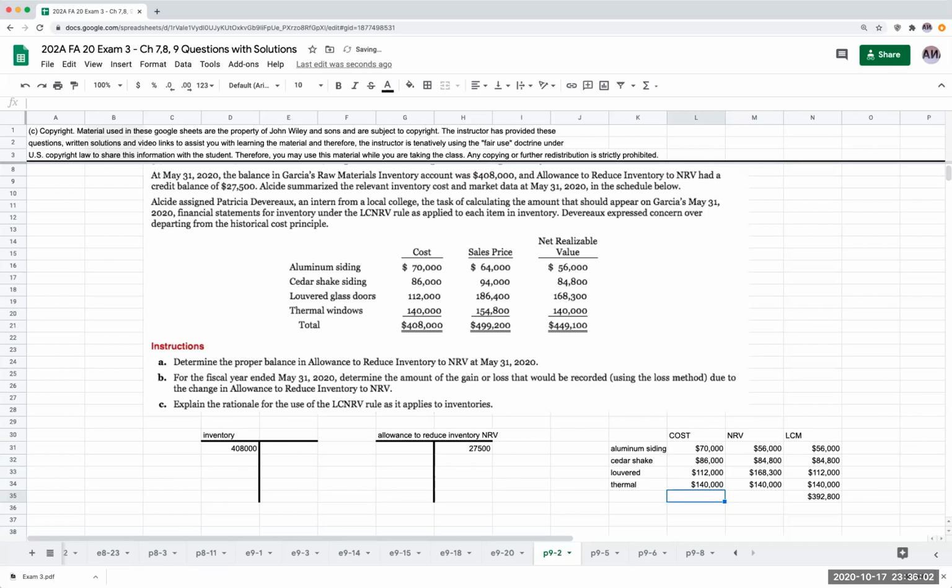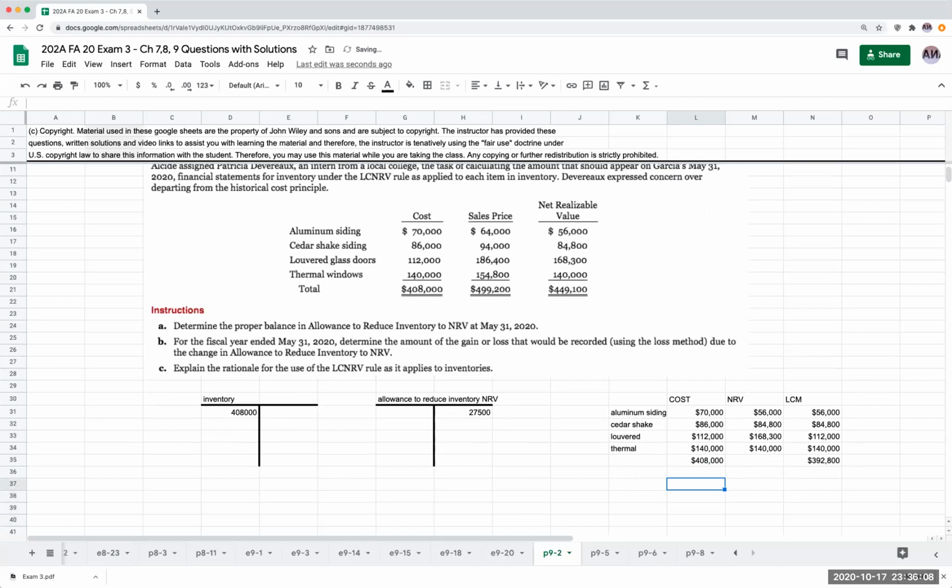So when I compare these amounts, I've got 408 in cost, and then the lower of cost or market value is 392,800. So the difference here is that I need an allowance.